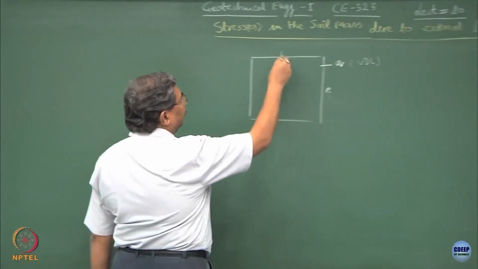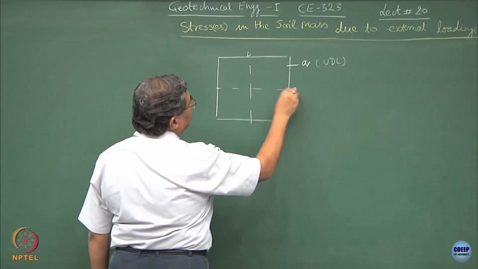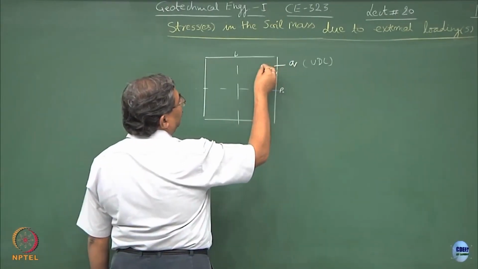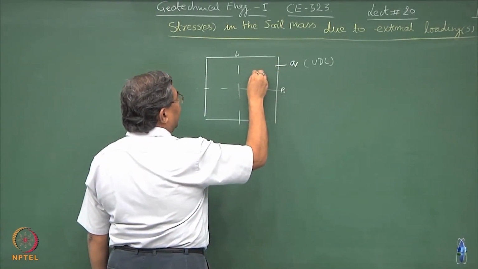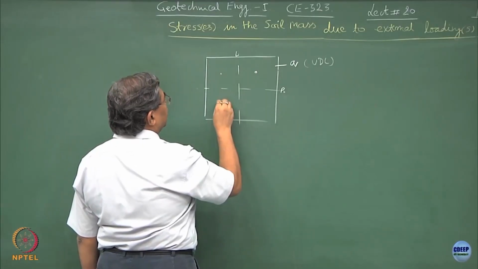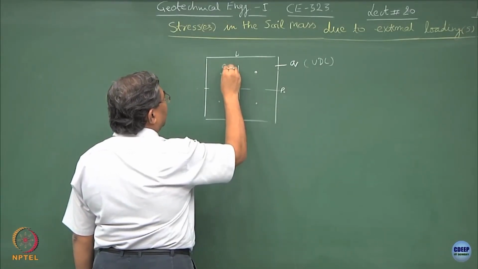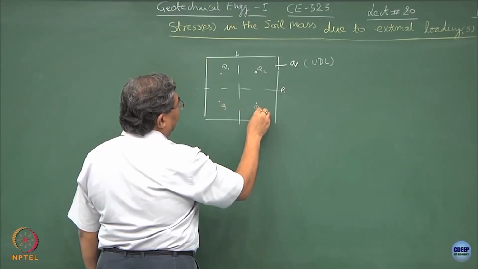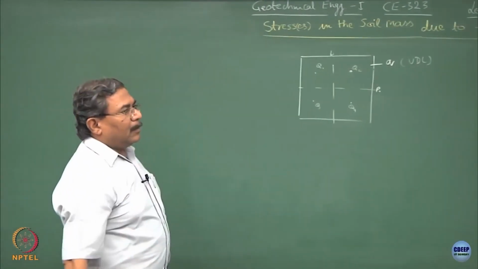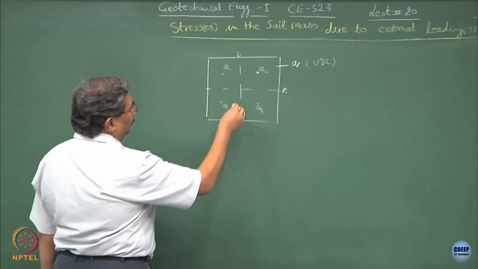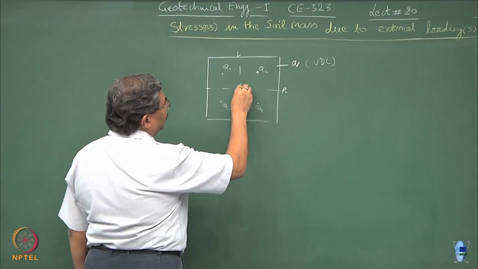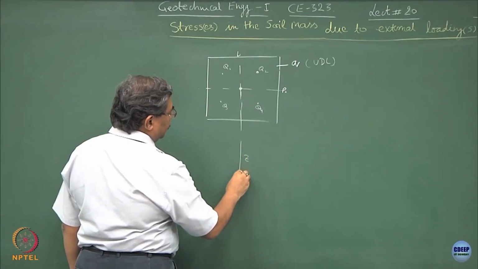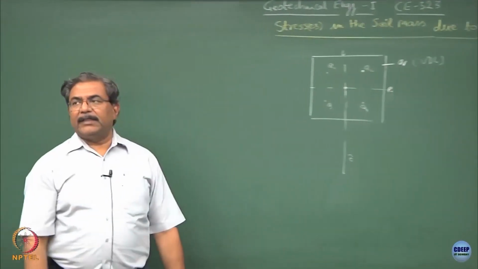So, for the sake of convenience, I can break this into 4 parts and assume that the equivalent of Q is acting at this Cg, at this Cg, at this Cg, at this Cg. So, this becomes Q1, Q2, Q3, Q4. Alright, and then I might be interested in finding out the state of stress at this point at a given Z. So, this can also be solved very easily.